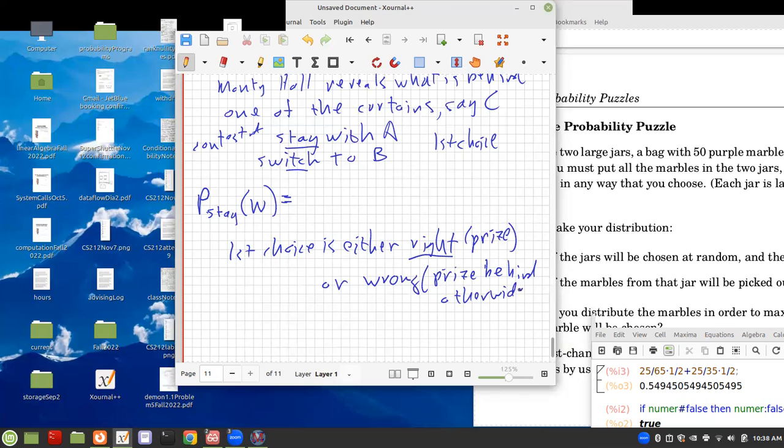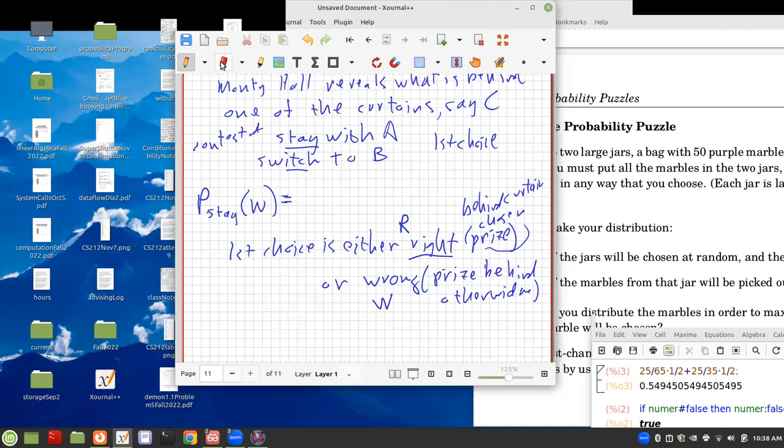I'm not sure why I'm saying window. So the prize is either behind the curtain chosen or behind another curtain.